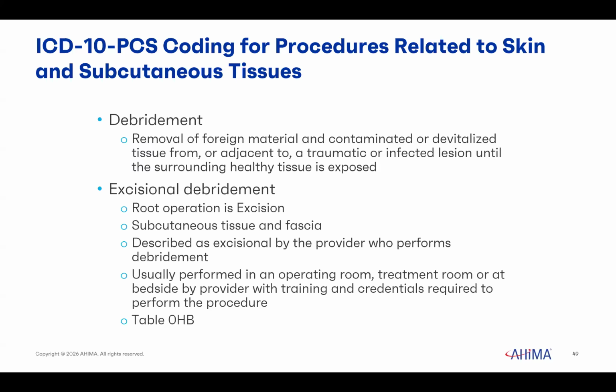A non-excisional debridement is different. It's coded using the root operation extraction because tissue is pulled away or stripped away rather than cut. And these procedures are performed at the bedside usually and are coded with tables 0HD for the skin and 0JD for subcutaneous tissue and fascia.